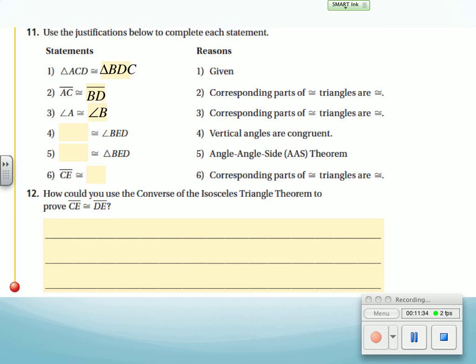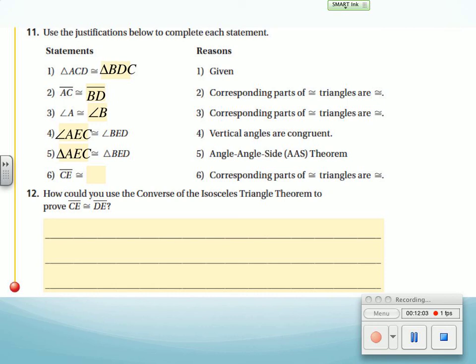Angle ACE is congruent to angle BED by the vertical angle theorem, and therefore we can say that triangle AEC is congruent to triangle BED by angle, angle, side. We have two angles and a non-included side, so we can say that the two triangles are congruent. And now by CPCTC, we can say that segment CE is congruent to segment DE.